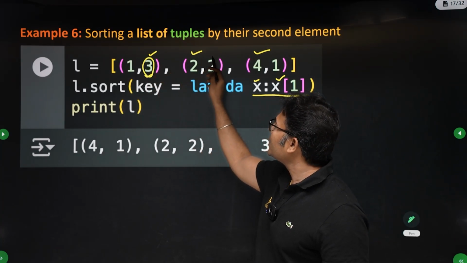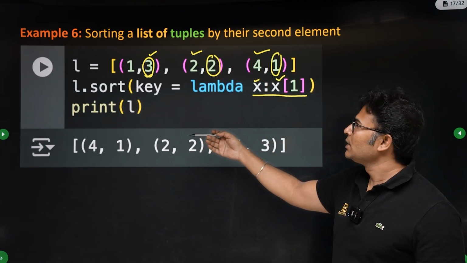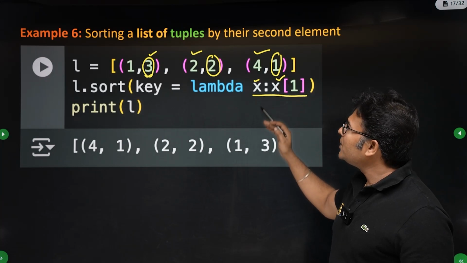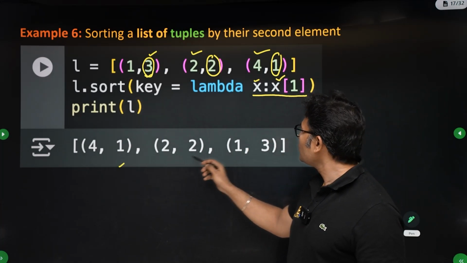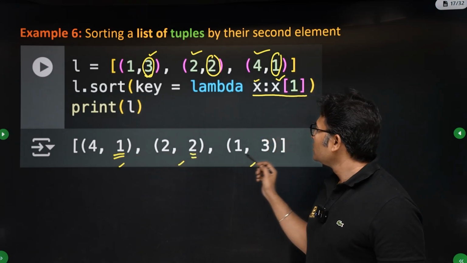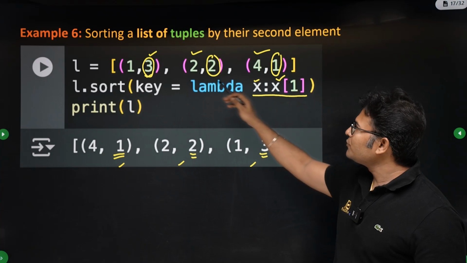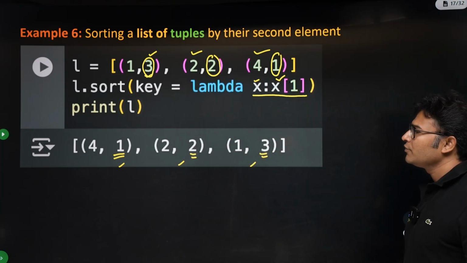So we are getting these 3 values. So based on these 3 values, sorting will happen. Now, what will be the ascending order? 4, 1, 2, 2, and 1, 3, because we are using x of 1. X of 0 means first element, x of 1 means second element, right? Based on the second element, we got it.